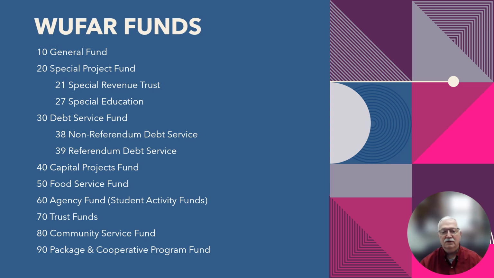When this occurs, such activity is recorded in one of the debt service funds of the Fund 30 series. If construction or remodeling is involved in such borrowing, the construction costs are recorded in the Capital Projects Fund somewhere in the Series 40.